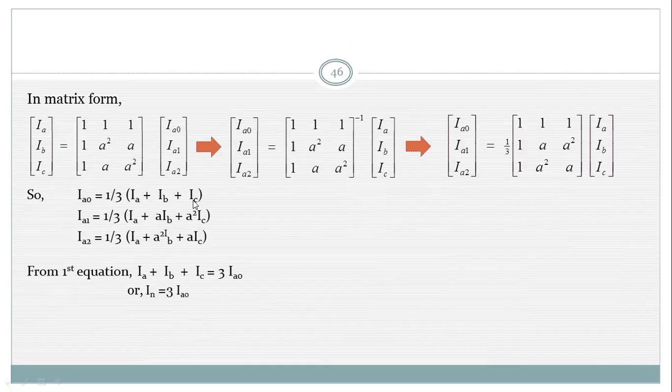If it is a Y-connected machine, then the sum of these three phase currents flows through the neutral. It means that I naught is equal to 1/3 of IN. So the neutral current is 3 times the zero sequence current component. This is the proof, so this is the answer: the neutral current is 3 times the zero sequence current component.